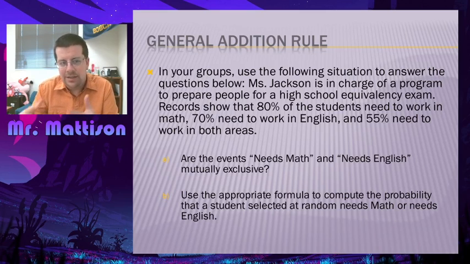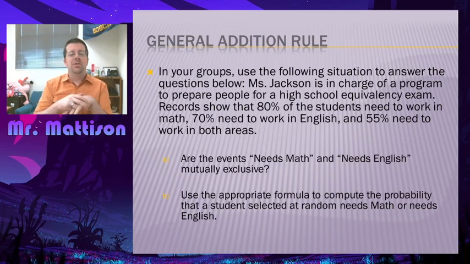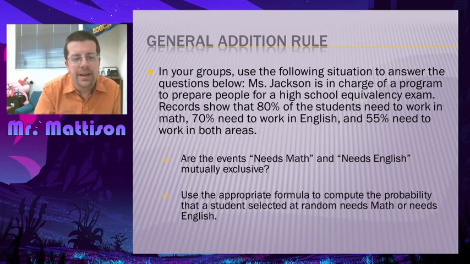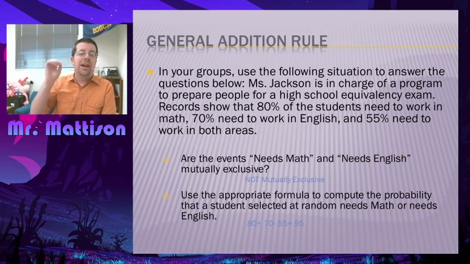Well, no, because it's possible to need help in both, and in fact, they tell us that 55% of people need help in both. So now we can use our formula to figure out how many people need help in math or English. That's the probability of needing help in math plus the probability of needing help in English minus the overlap, which is that 55%. So 0.8 plus 0.7 minus 0.55 gives us 0.95.